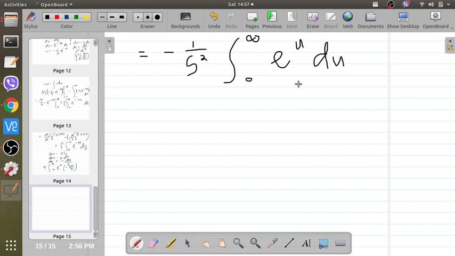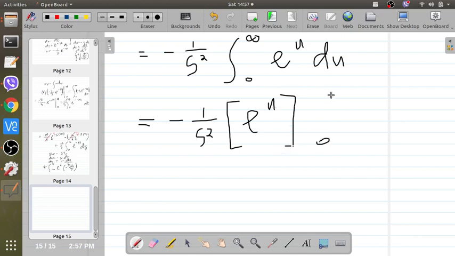The integral of e^u du is just equal to e^u. So now it is negative 1 over s squared e^u from 0 to infinity.